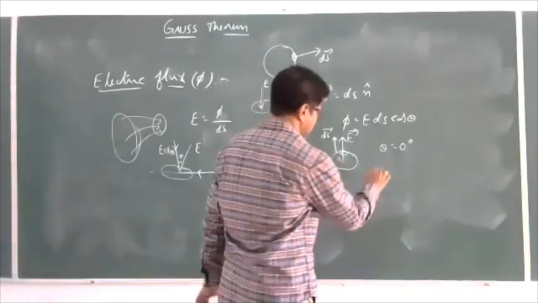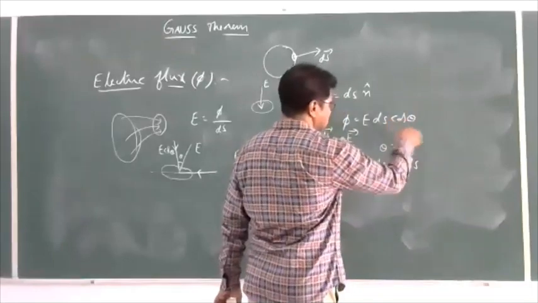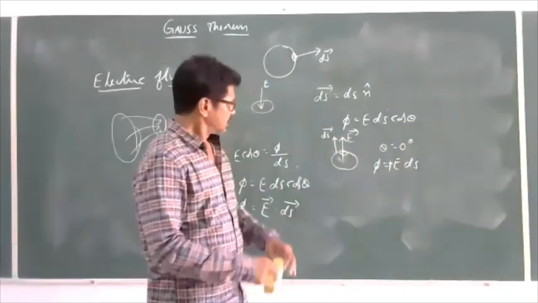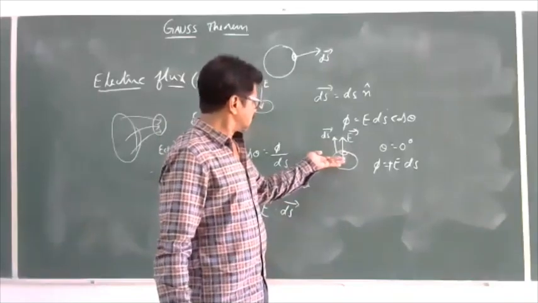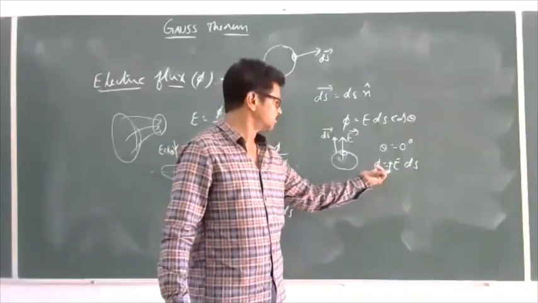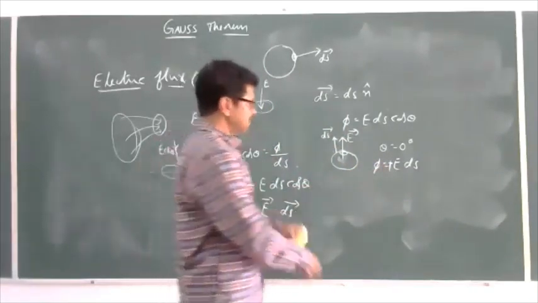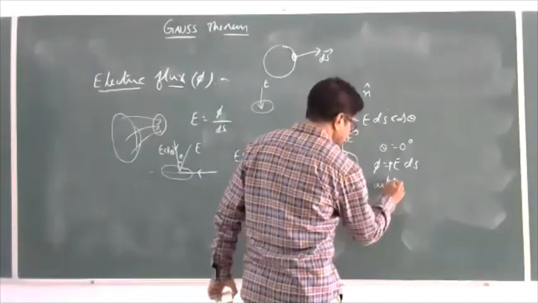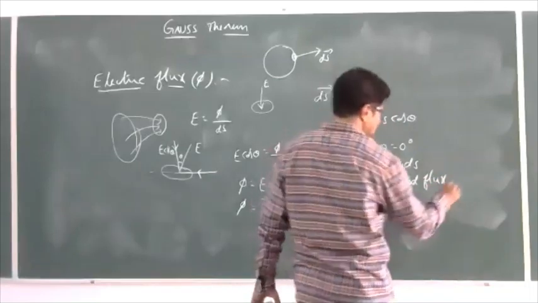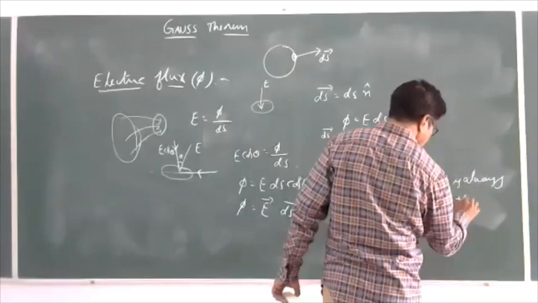If theta is equal to 0, phi is equal to E into ds, cos 0 is equal to 1. So whenever the flux is outwards, the value we are getting has to be plus. That's why the outward flux is always positive.